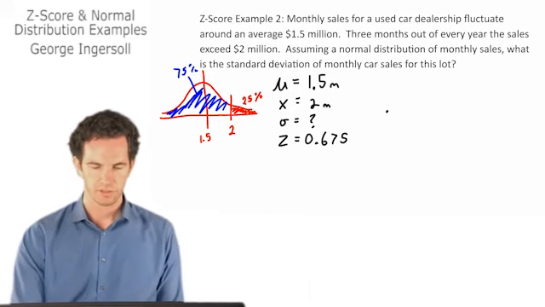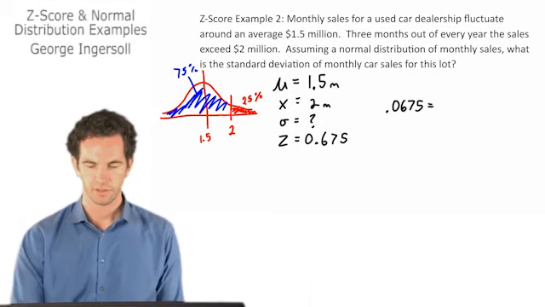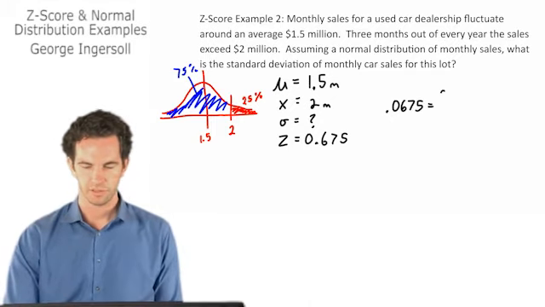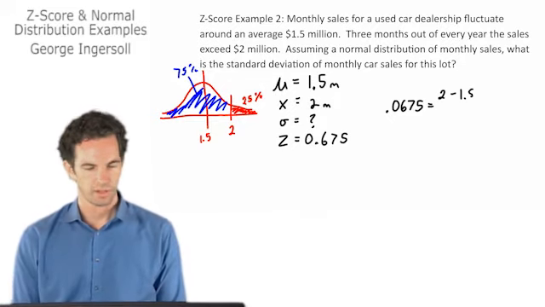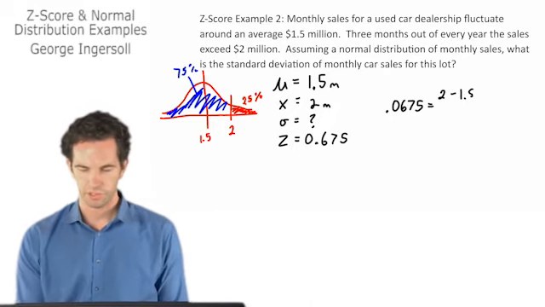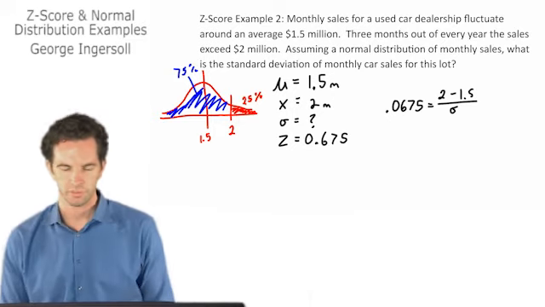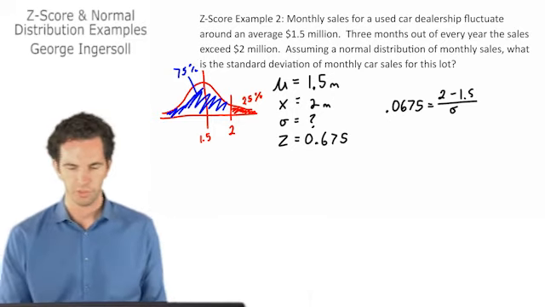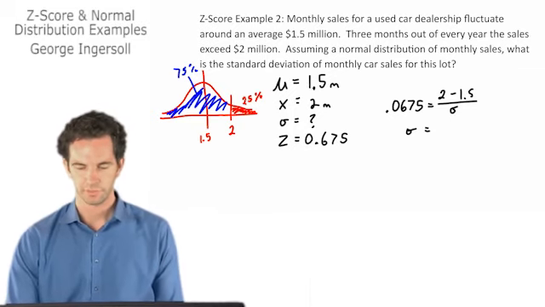It's 0.0675. Our x is 2 million. I'm not going to write out all my zeros. Our average is 1.5 million. And so now we're just solving for the standard deviation. And again, I'm not going to bore you with the algebra. I'll bore you with a little bit of the algebra.